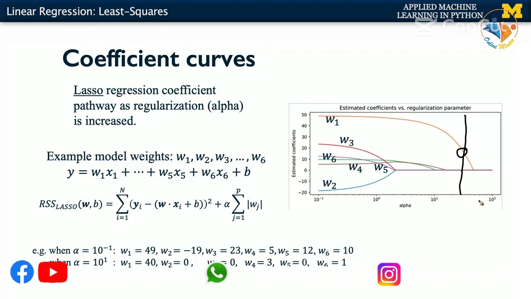That's a really nice illustration of the lasso shrinkage effect as a function of alpha. So these coefficient curves are a really nice way to show what's called the entire solution path for a model as a function of the regularization hyperparameter alpha. And that lets us compare how different regularization penalties shrink the estimated model coefficients in different ways.